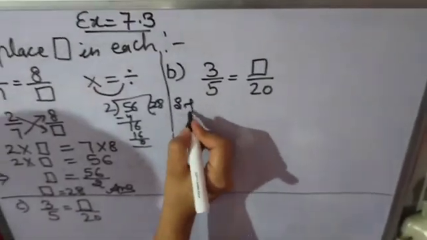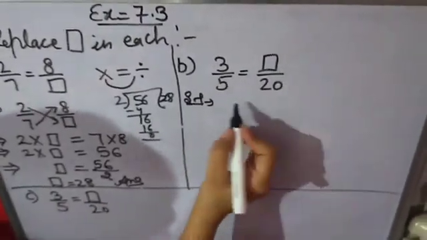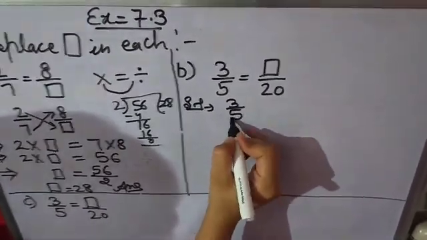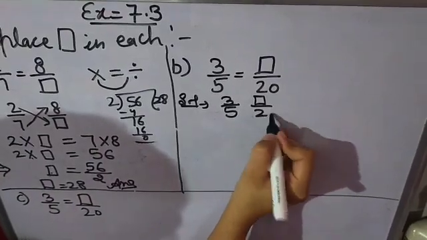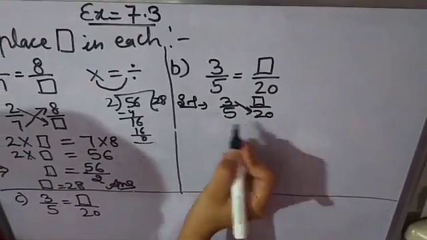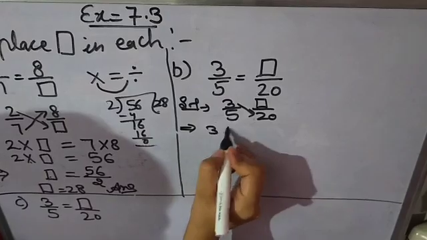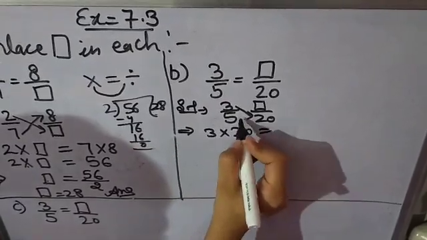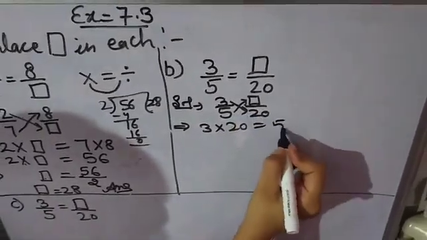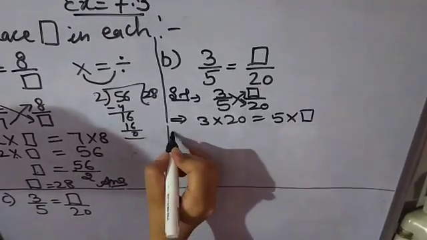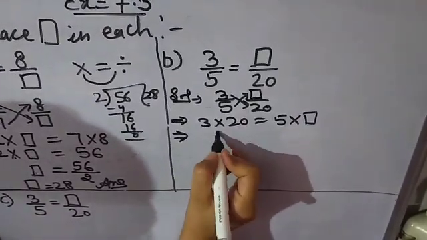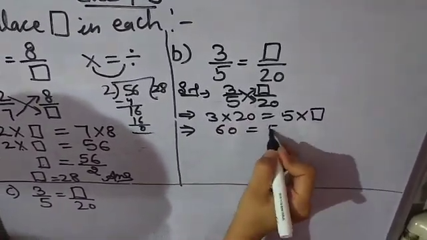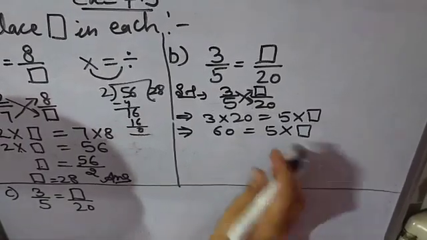Next, B part. Again you have to find the value of box. So we will do cross multiplication here. This 3 multiply by 20 and this 5 multiply by box. Now here 3 20s are 60. Now you have to find the value of box.